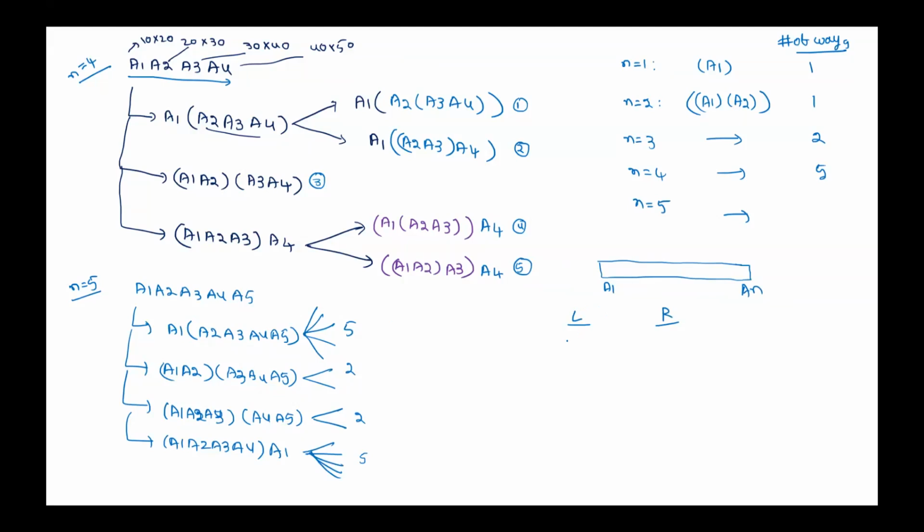Left side say one matrix, right side how many will be there? N minus 1. Is my meaning of left and right clear? After 2 I am placing, after 3 I am placing here. Okay, this is A5, sorry. After 5 I am placing.